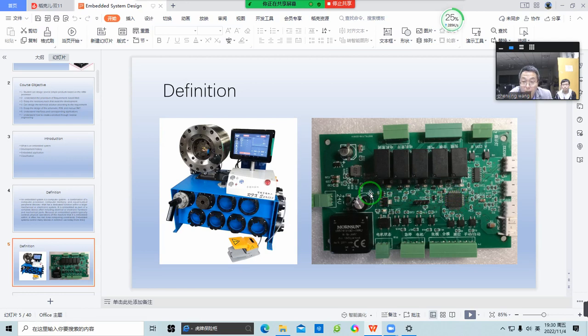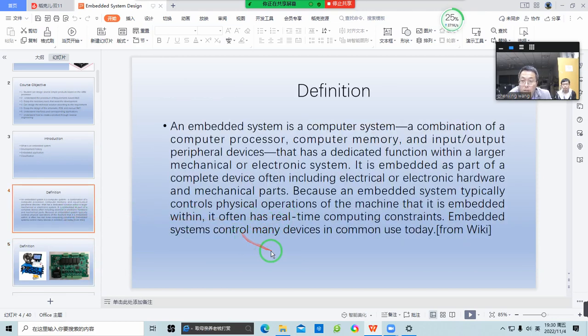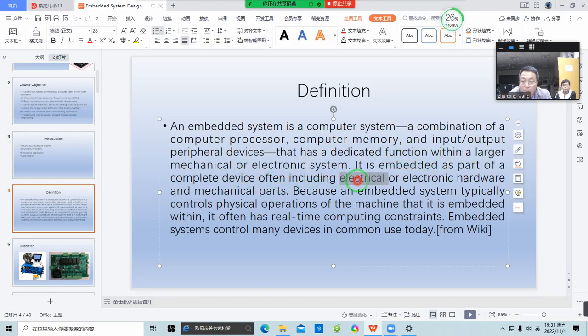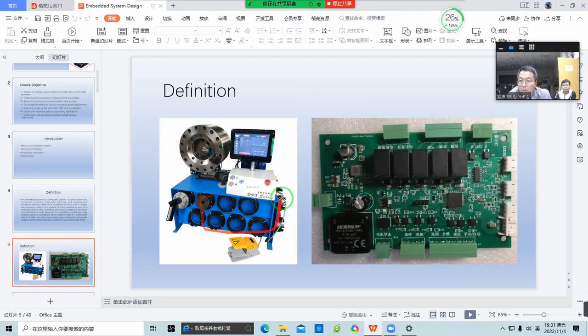Then there are some electronic parts, like a relay. Here's a relay. Here's the RS serial port chip. Here's OPTO, optical. Here's a power module. So referenced to this definition, it has a dedicated function within a target machine or electronic system. It's embedded as a part of a complete device, including electronic hardware and the mechanical part. So here is the mechanical part.